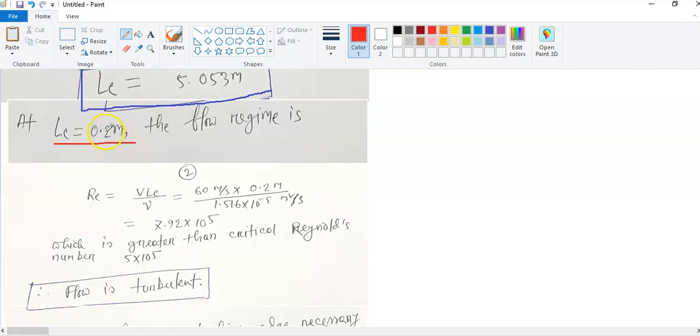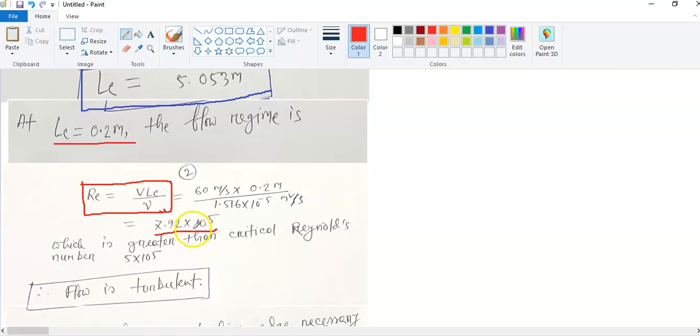When it is 0.2 meter, we will calculate the Reynolds number to find the flow regime. We know the Reynolds number formula is the free stream velocity times the characteristic length over the kinematic viscosity. We substitute all values, and what we found is 7.92 times 10 to the power 5.